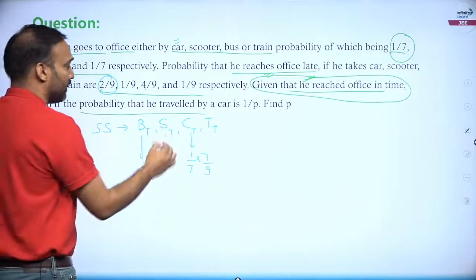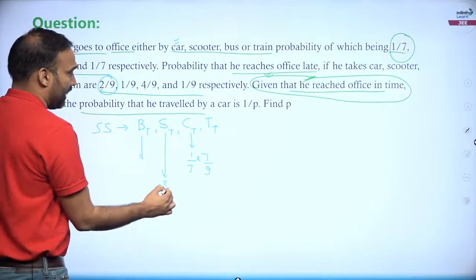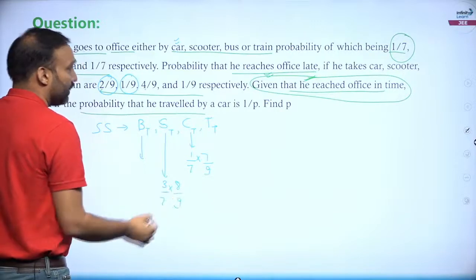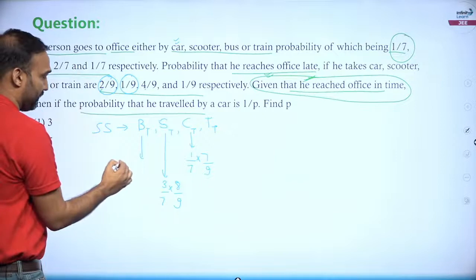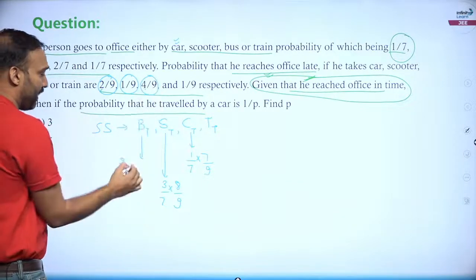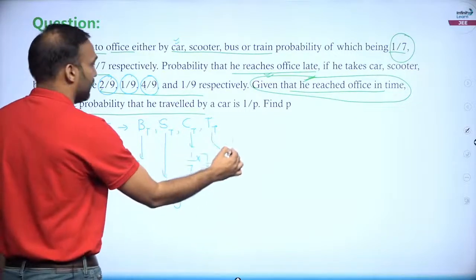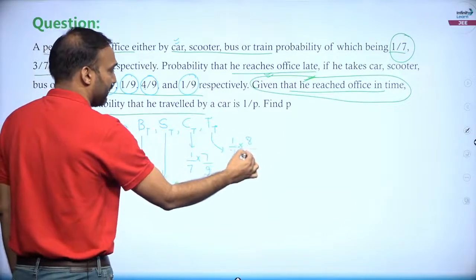Second, for the scooter being selected, it is 3 by 7, and reaching time with a scooter it is 8 by 9. Then third is bus. Selection of bus is done in 2 by 7, and reaching on time with bus would be 5 by 9. Train, it is 1 by 7, reaching on time by a train is 8 by 9.